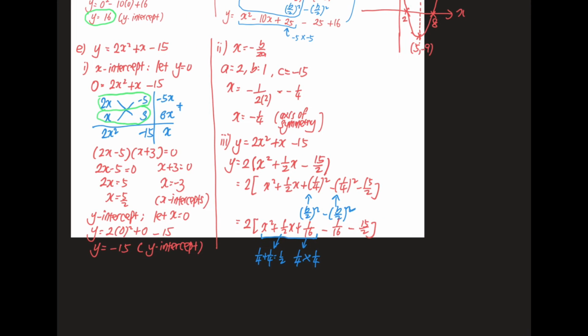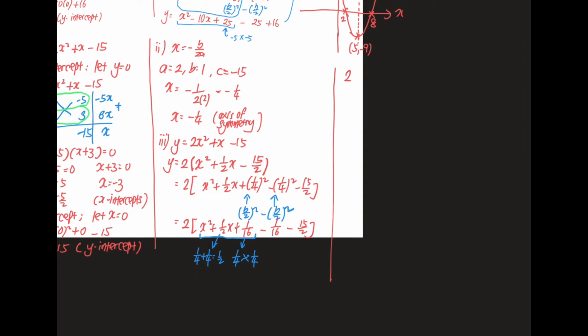That's why you choose 1 over 4. The factorization is a perfect square, always two same factors: x plus 1 over 4 squared.